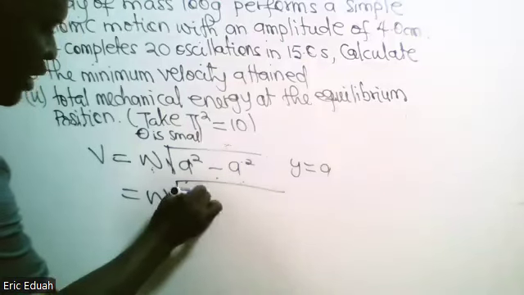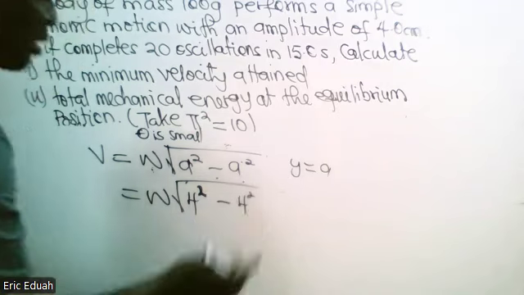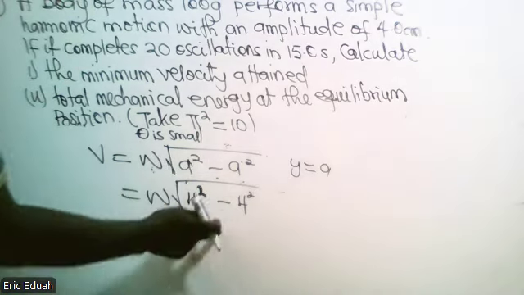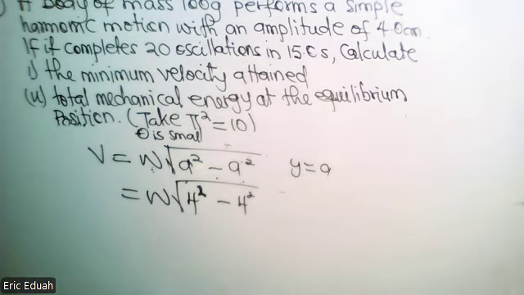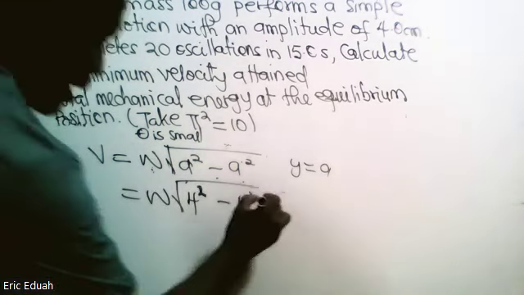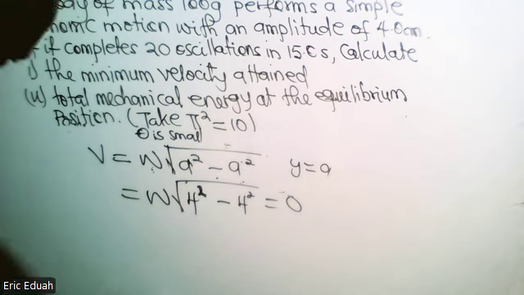So 4 squared minus 4 squared, 16 minus 16. You don't even need to calculate for this. Answer is 0. So this is a question that does not demand calculation. You can put 0 there and explain.